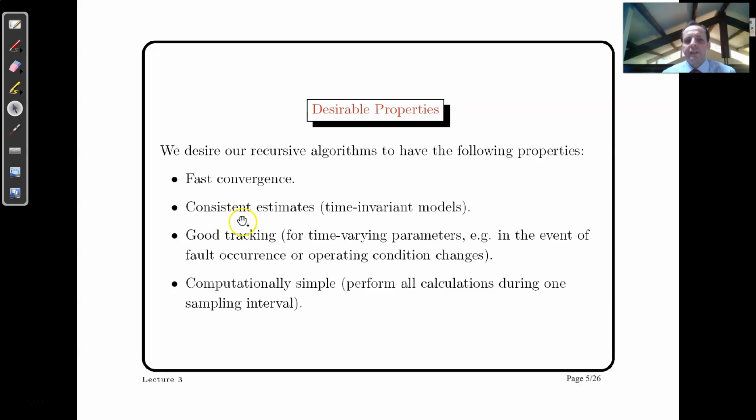The second point concerns a consistent estimate. If you remember, we didn't enter into the details of consistency, but a consistent estimate means that your estimate needs to converge to the, let's say, true value when the time tends to infinity.